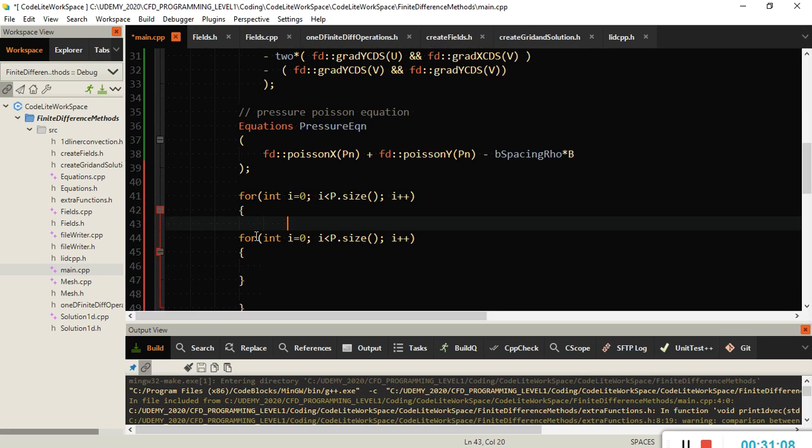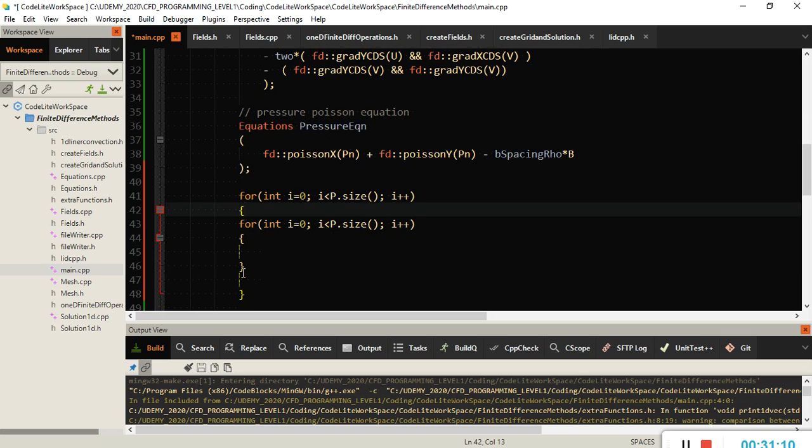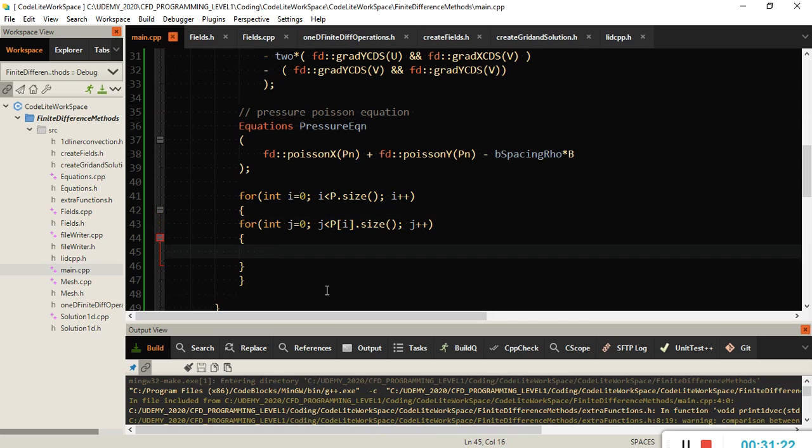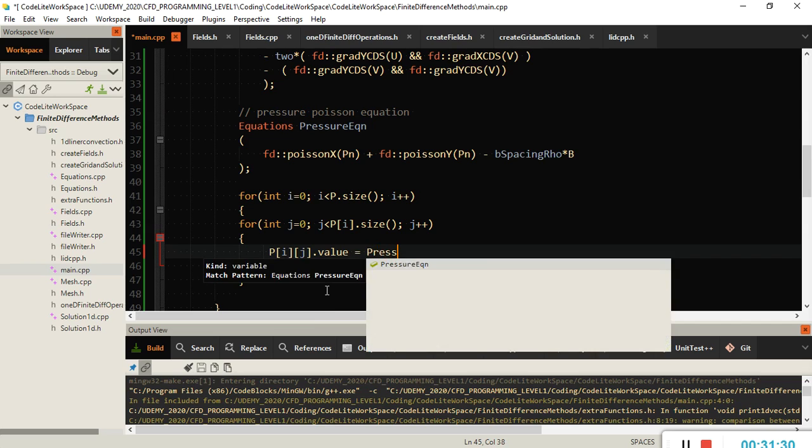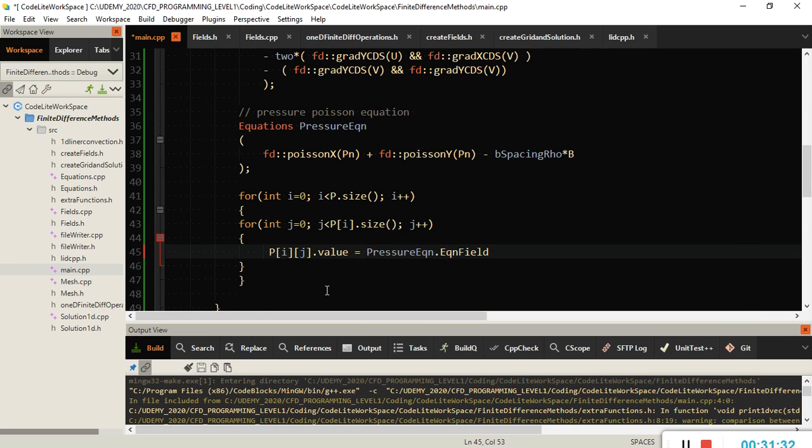So there we go, we have written the entire thing for i, j, and we know that if we write j, this has to be called with i, and we will say that p i j dot value will be equal to the pressure equation dot equation field i j dot value.